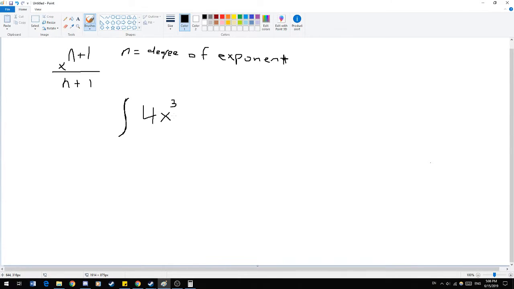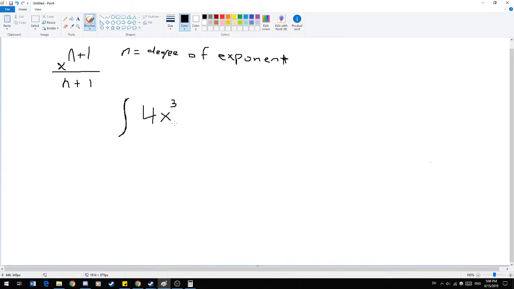Okay, so in order to find an integral, we're gonna follow this formula, x being the variable, and n being the degree of exponent for that variable. So in this example, we have x cubed, so x represents x, and n is representative of that cube right there.